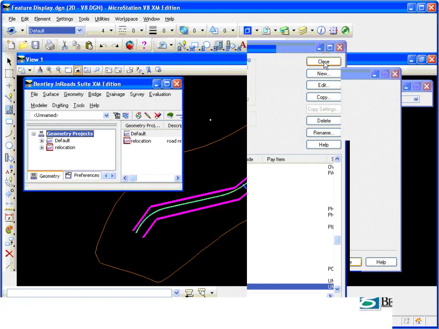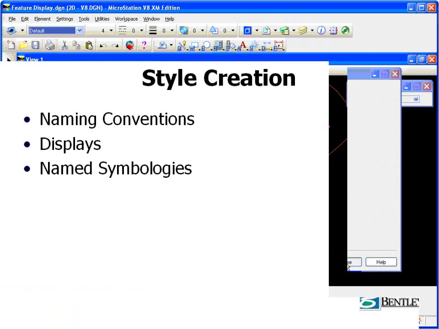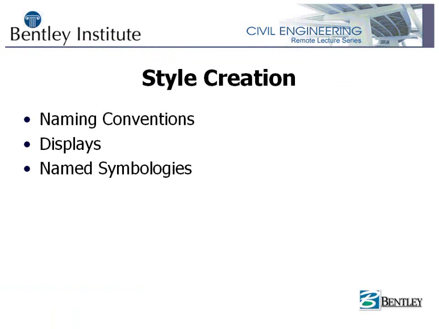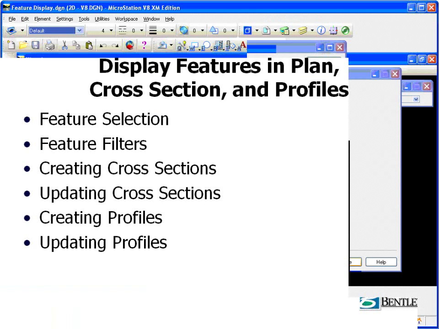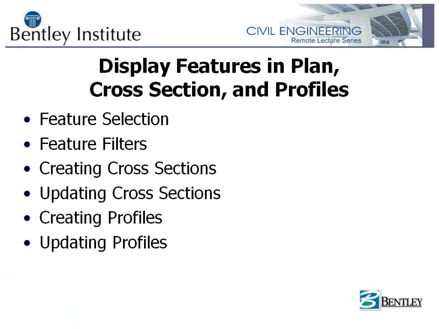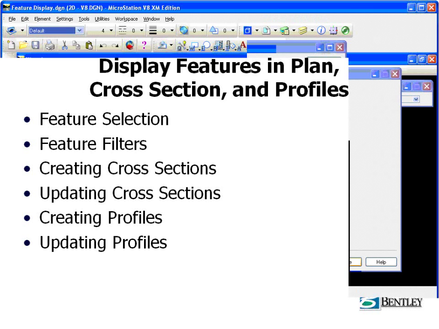So now we've gone over our style creation, and we're going to move to our next topic. And now we're going to go over displaying the features in the plan, cross-section, and profiles. And we're going to go through the feature selection. We're going to real quickly go through setting up a feature filter.